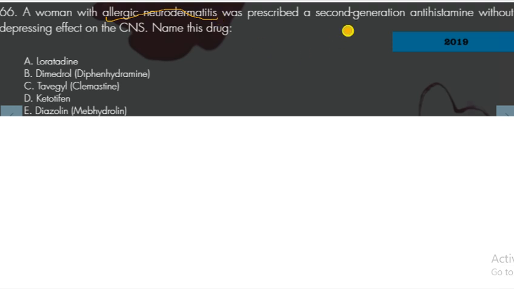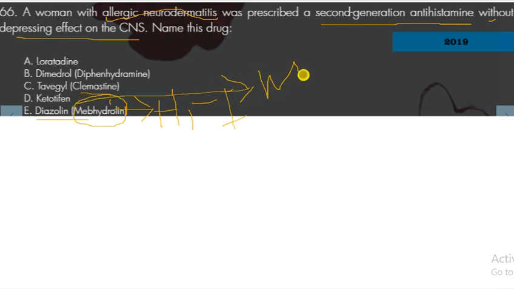A woman with allergic neurodermatitis needs a second generation antihistamine without depressing effect on the central nervous system. Diazolin or mebhydrolin is H1 first generation. Ketotifen is mast cell stabilization.